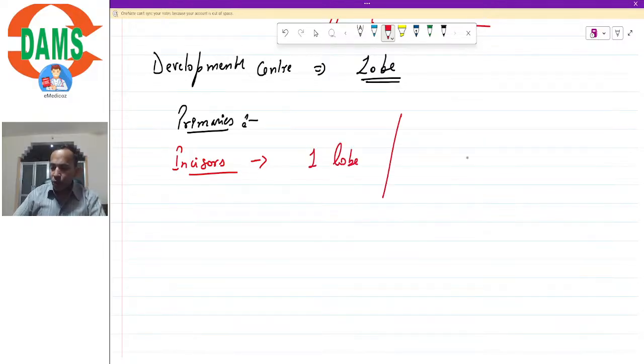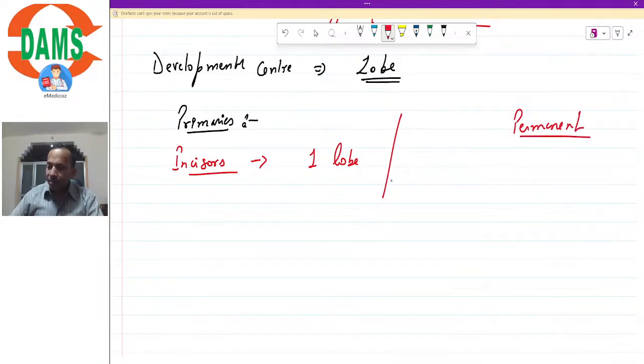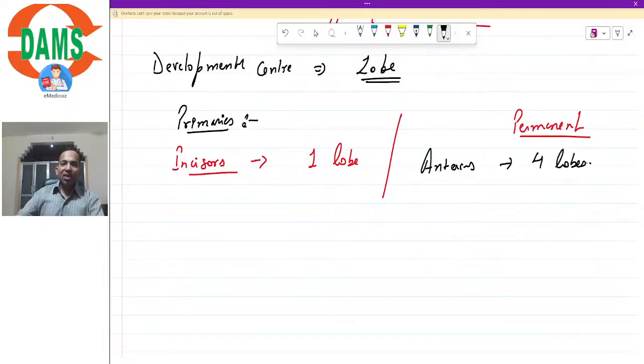Now when you compare it to permanent teeth, the permanent incisors, or in fact all the anteriors, are made up of at least 4 lobes. So the first difference is that the minimum number of lobes needed to form a primary tooth, which is the incisor, is 1. But the minimum number of lobes required to form a permanent tooth is 4, right?